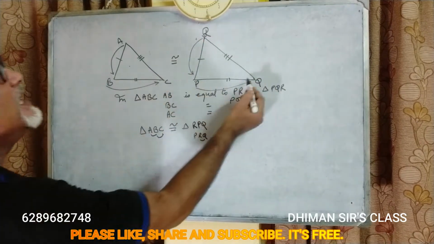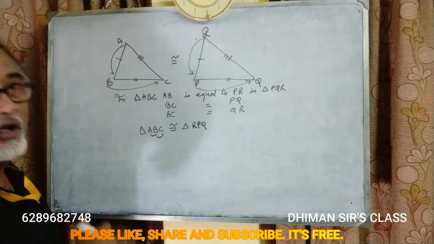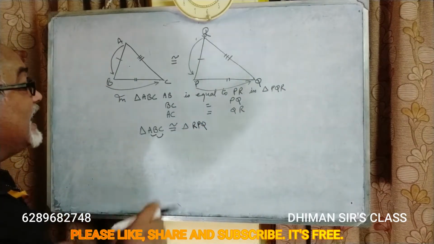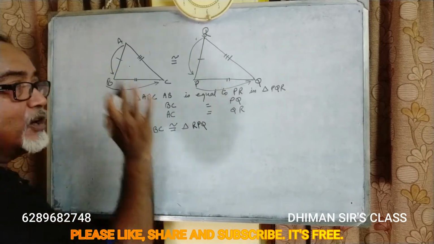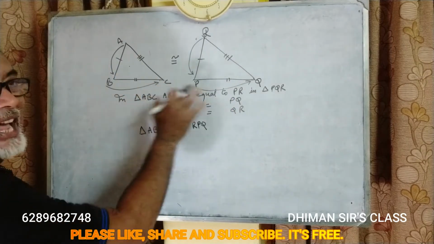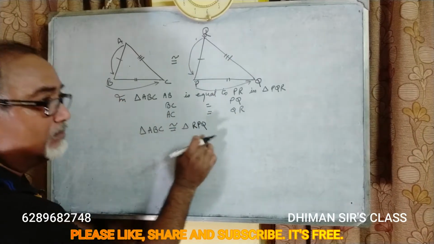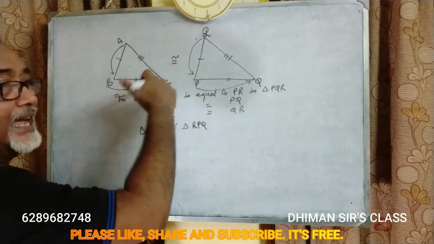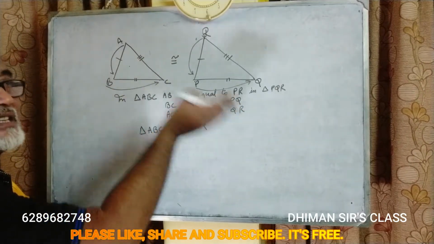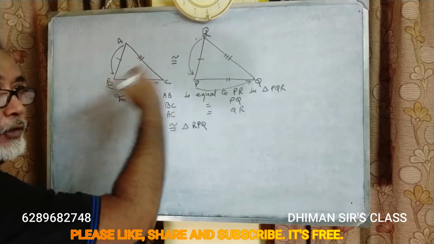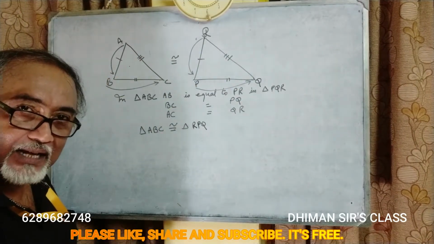So RPQ has to be written, not PRQ or PQR or anything else. If you write it, it will become wrong. So while writing the congruency of two triangles, you must maintain the sequence in which the corresponding sides or corresponding angles are equal in both the triangles. I hope I could make it clear.